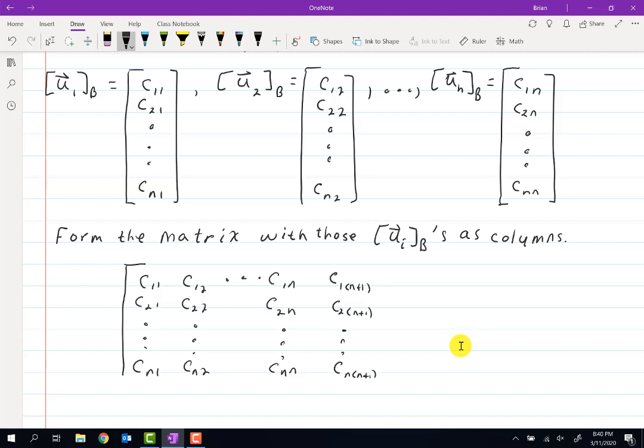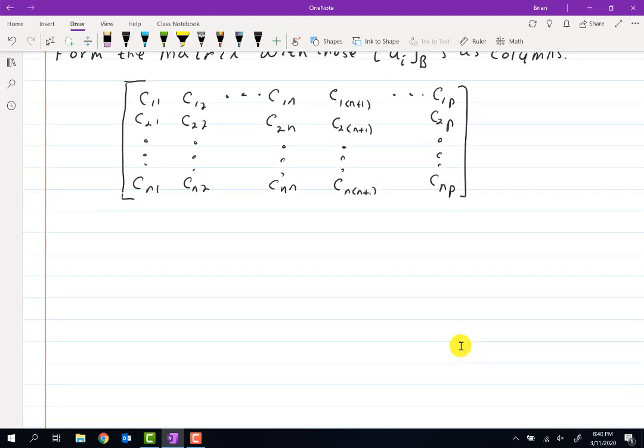And I'll keep going until I get to p. C1p, C2p, Cnp. So what do we have? We have n rows, p columns.